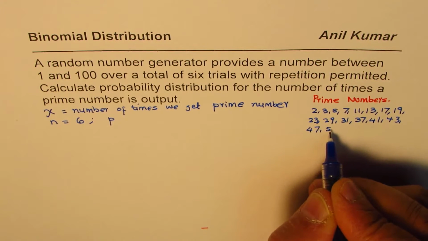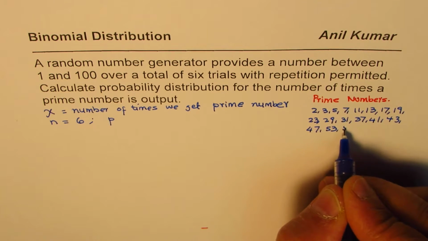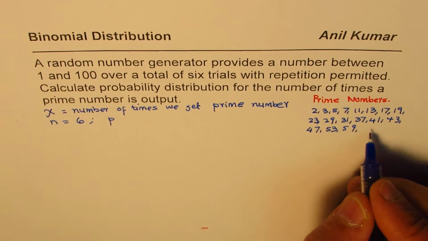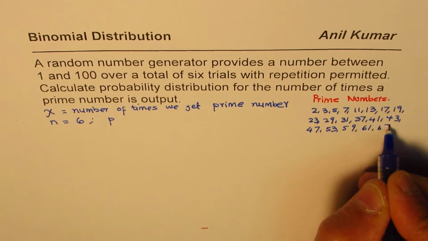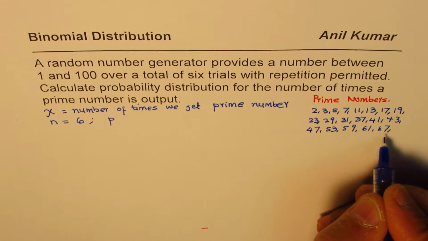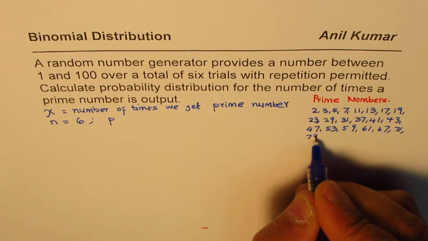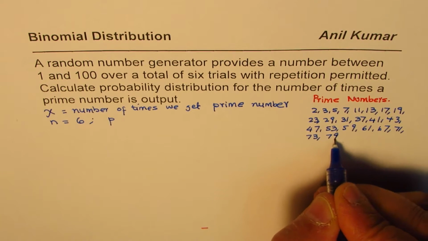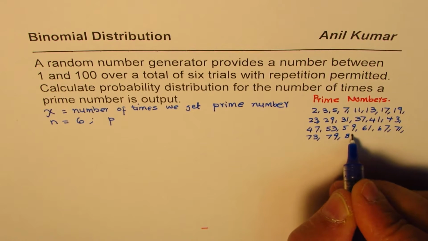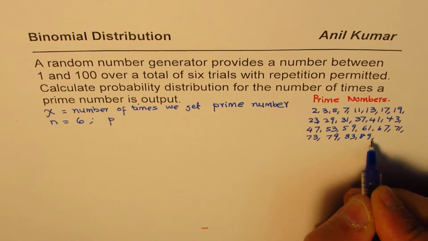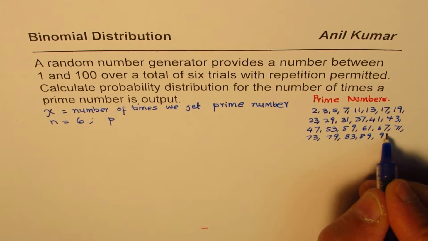Then we have 53, 59, 61, 67, 71, 73, 79, 83, 89, and in the 90s we have 97.